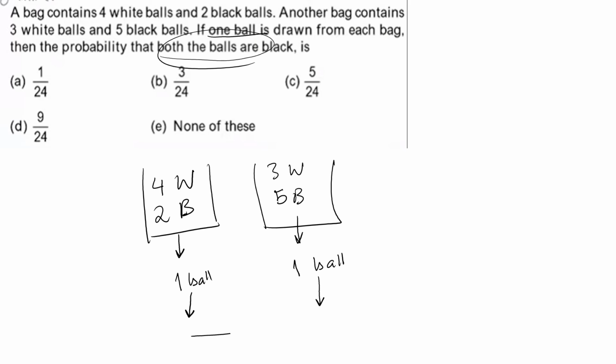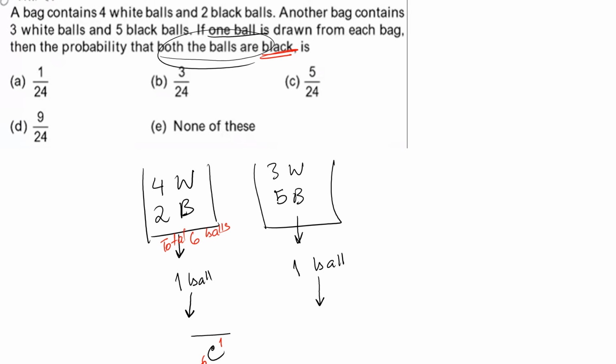So how many total outcomes? Total balls are 6. So total is 6 balls, right? So it will be 6C1, because from the first bag you only have to select one ball, so that the ball is black.